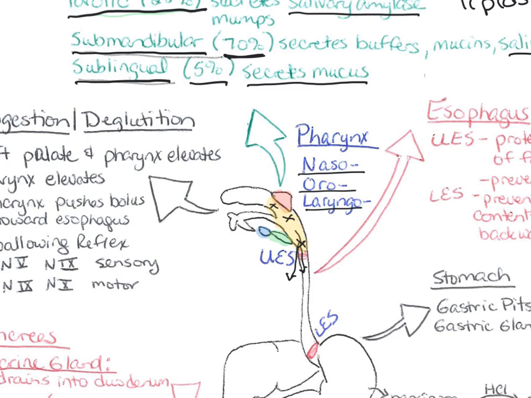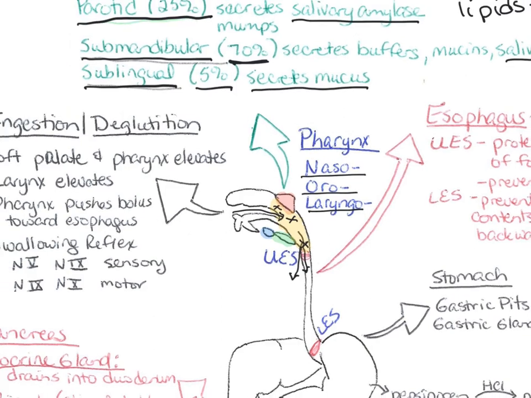So the pharynx is made of stratified squamous epithelium. It receives the food from the mouth, so it's going to take a lot of abuse, and there's a lot of friction against it. Swallowing is going to push the bolus of food into the esophagus, and the esophagus is what we're going to talk about next.